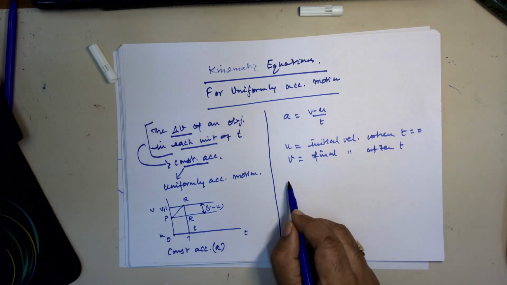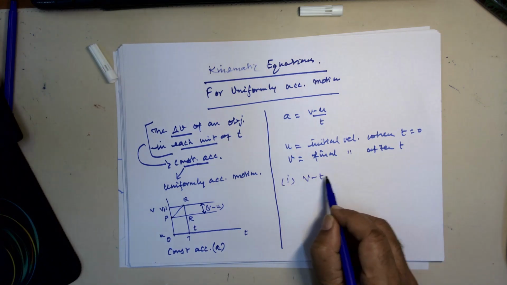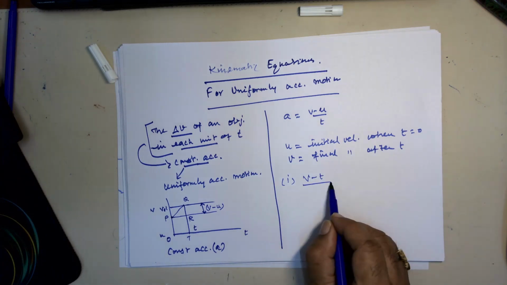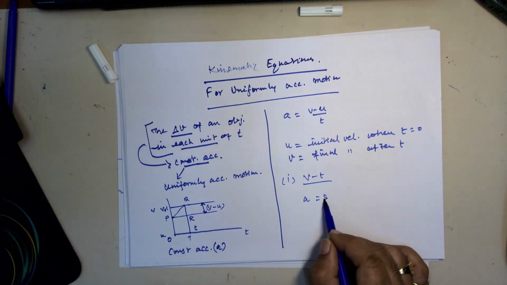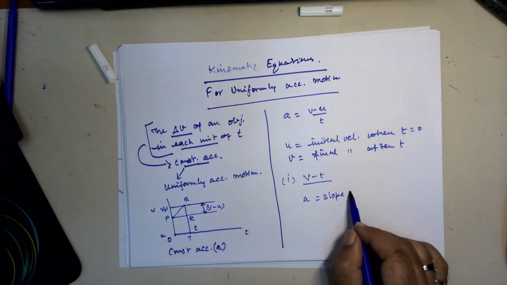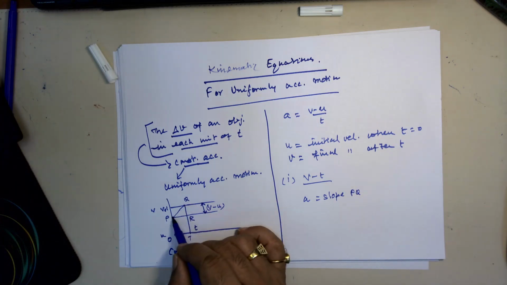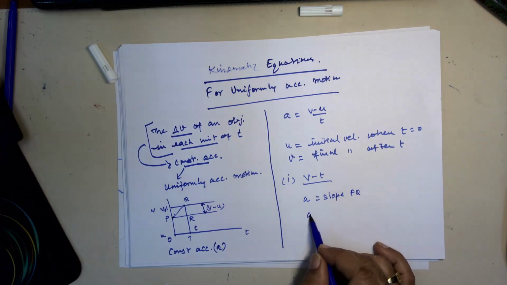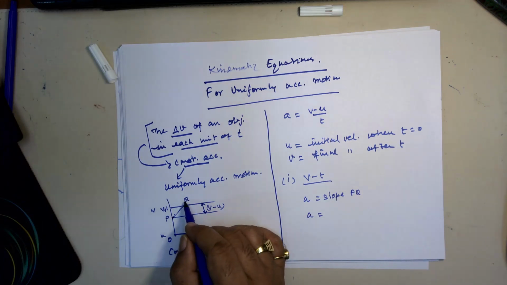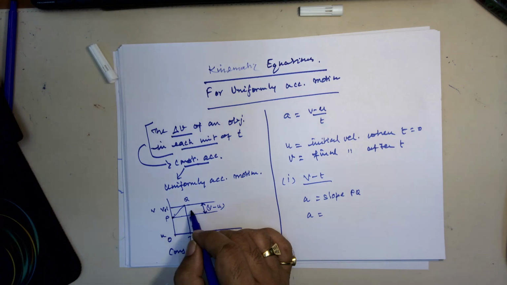Now let us discuss the velocity time relation. Here the A is called the slope PQ, because A is equal to the difference in y-axis divided by the difference in x-axis. What is the difference in y-axis?